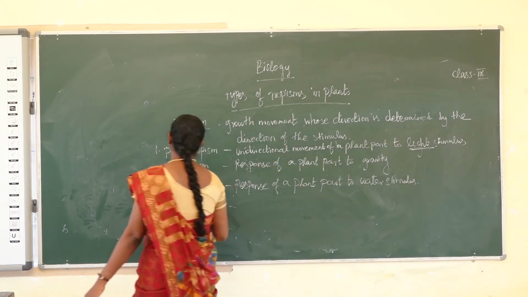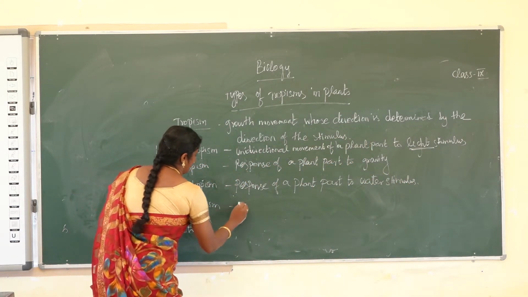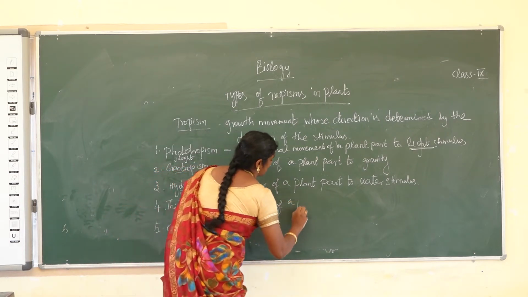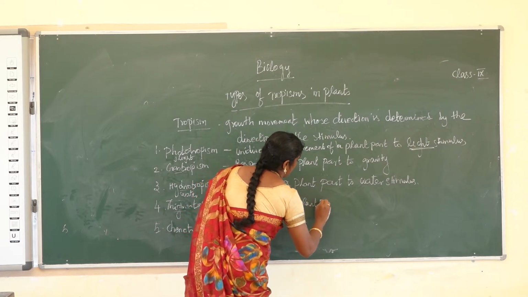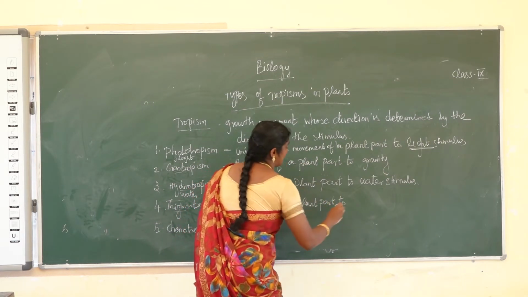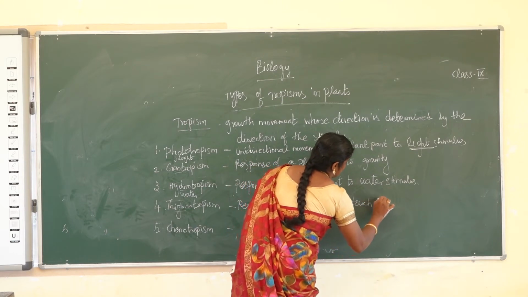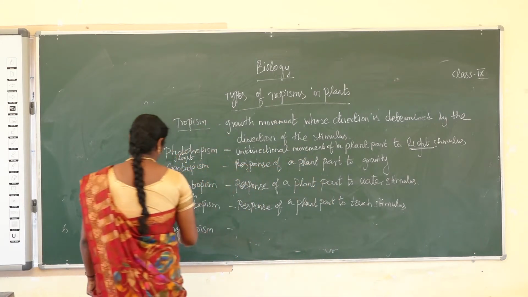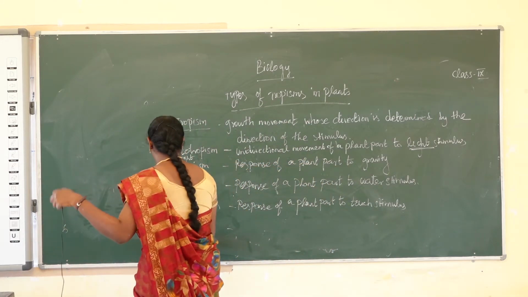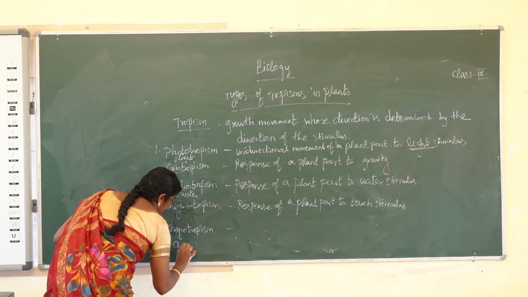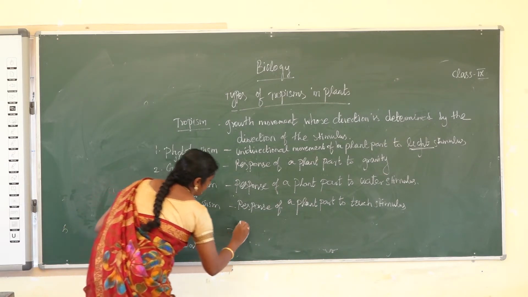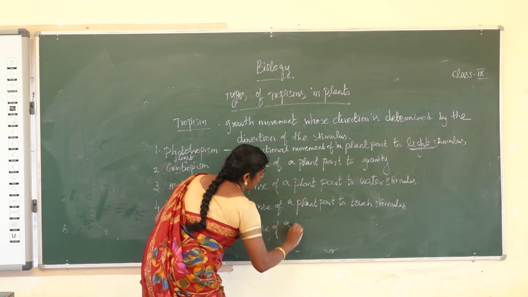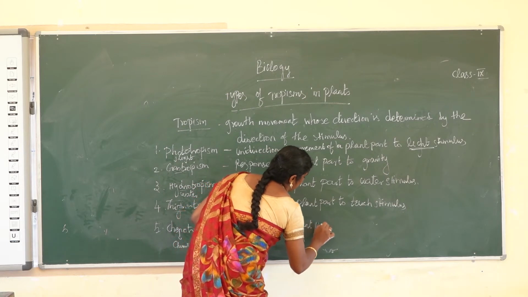Next one, thigmotropism. It is the sense of touch, the response of a plant part to touch stimulus. Next one, chemotropism. Chemo means chemical. So it is the response of a plant part to chemical stimulus.